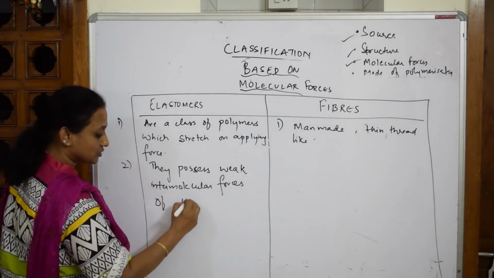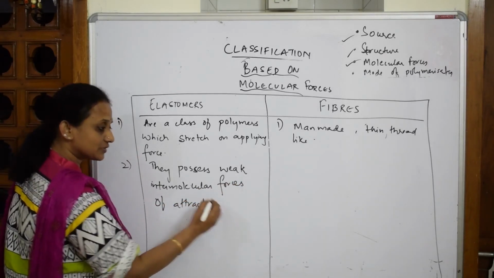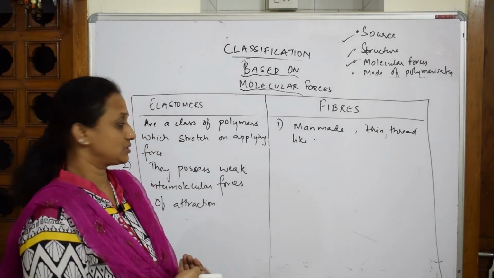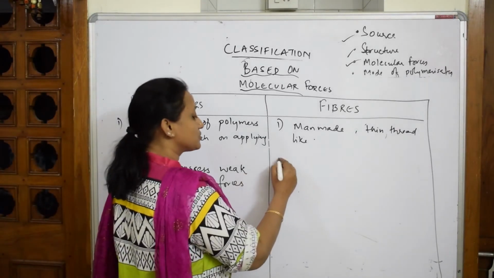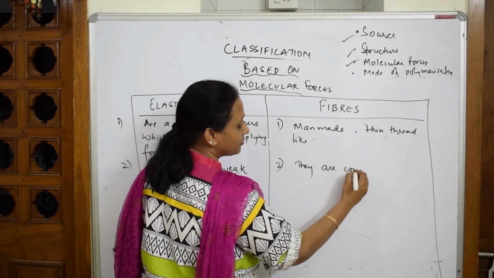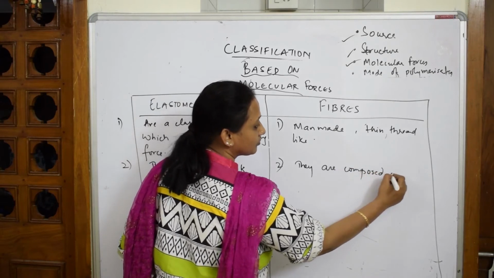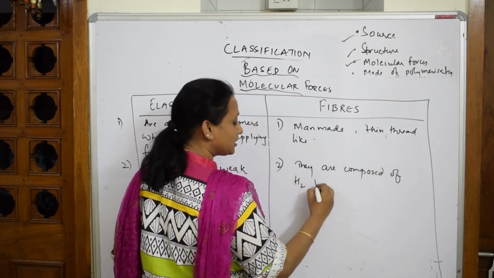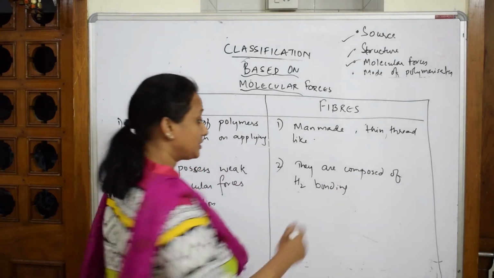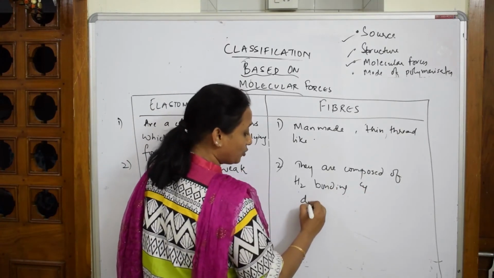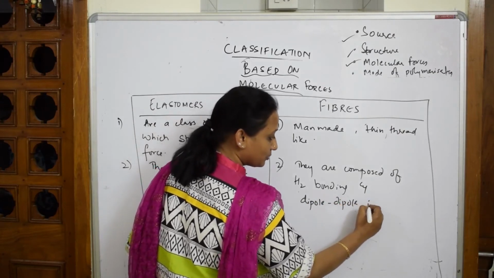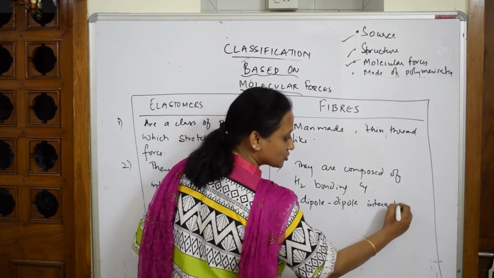Because of these weak intermolecular forces of attraction, I can easily stretch them, and when I release, they come back to their original position. But when they speak about forces in fibers, they are composed of hydrogen bonding, one concept which makes the bond stiff and strong enough, and they have dipole-dipole interactions. Again this makes the bond stronger.